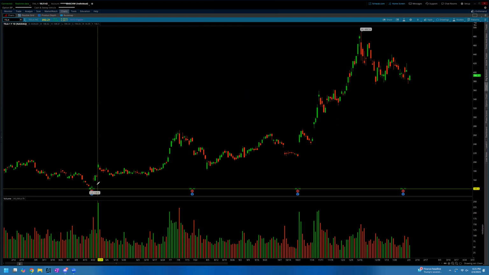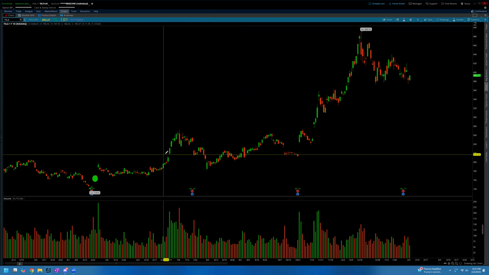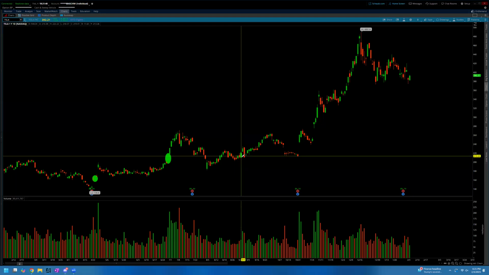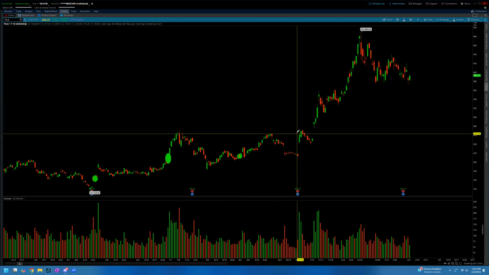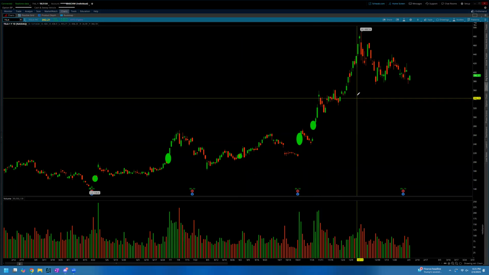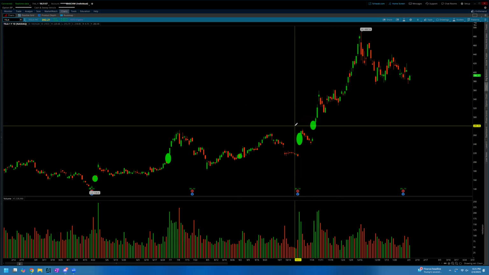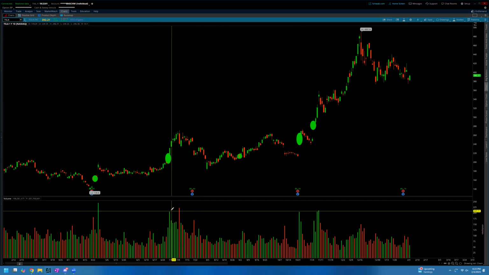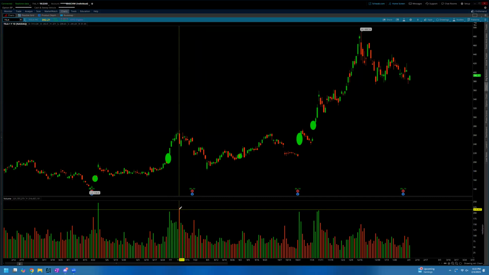What do all these rallies have in common? Here, here, here, here, here. Every single one of these rallies was preceded by a massive increase in volume.